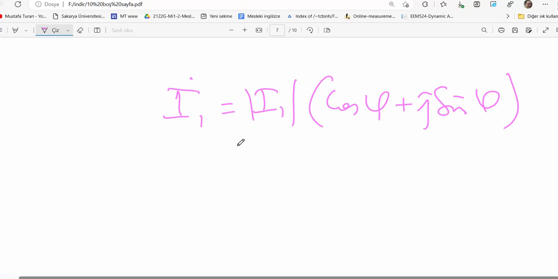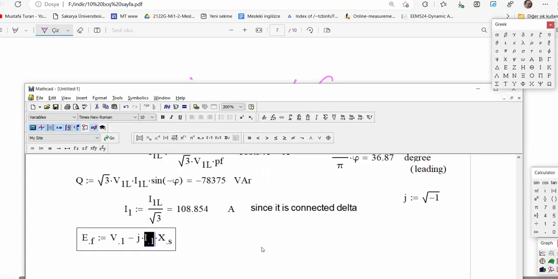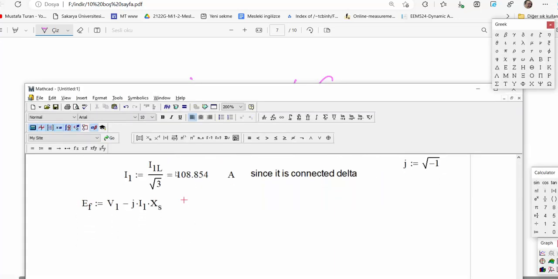That is the Cartesian equation. The other one can be written as I1 times e to the j phi. It is easier in MathCAD, so let's try it. I1 is here. It is already magnitude times e to the j phi.